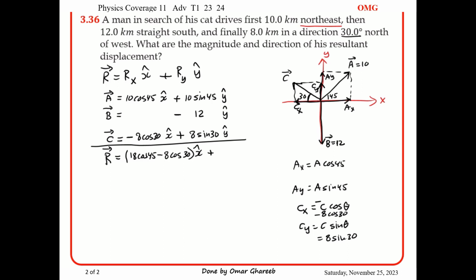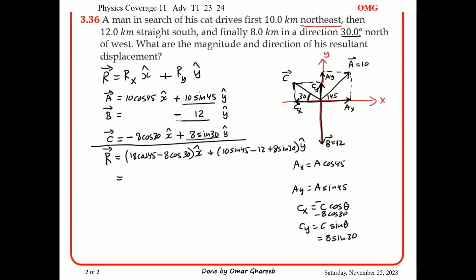Now for y hat, we have 10 sine 45 minus 12 plus 8 sine 30. All of these three. So 10 sine 45 minus 12 plus 8 sine 30 in the y-axis.